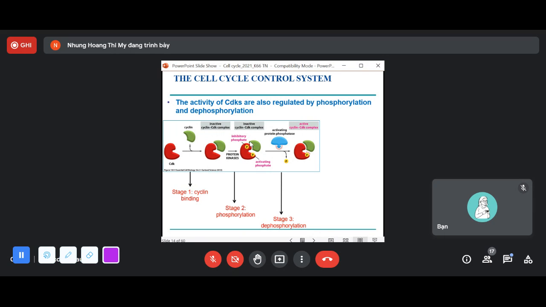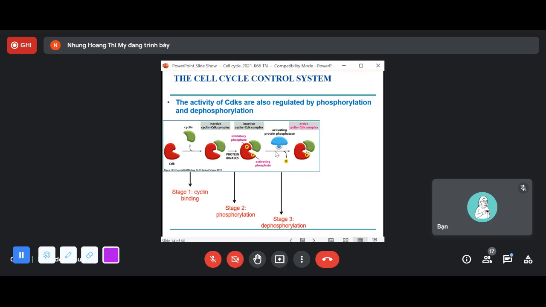That means at some amino acid site on the CDK, if this site is phosphorylated, it inhibits the activity of the protein. At another amino acid site, if it is phosphorylated, it activates the CDK. And if both sites are phosphorylated, the activity is inhibited, that means at this state the CDK has no activity.